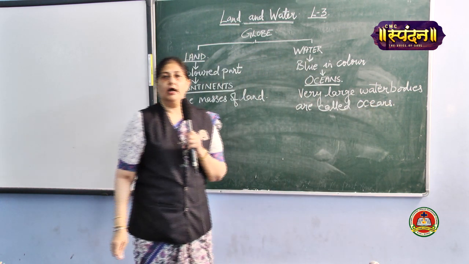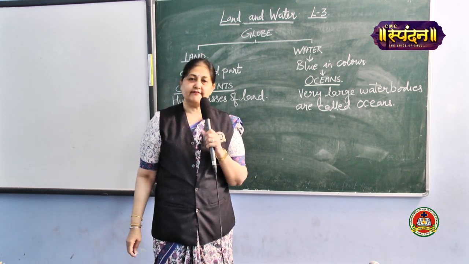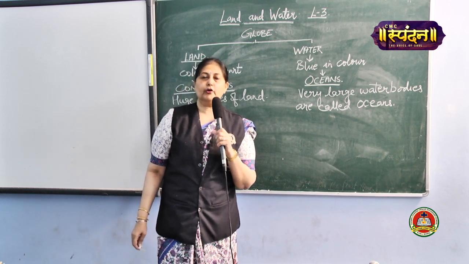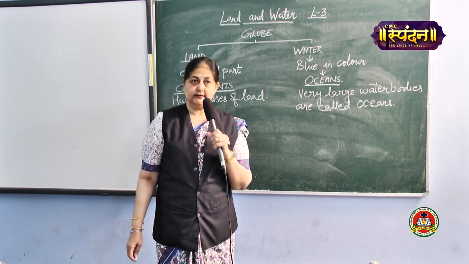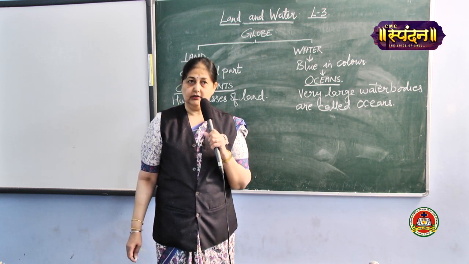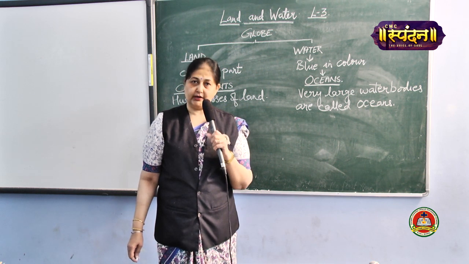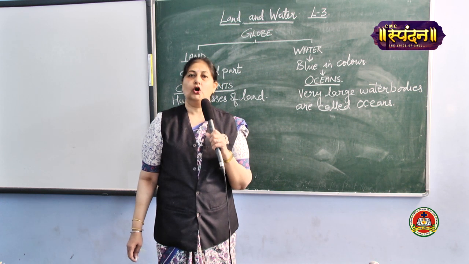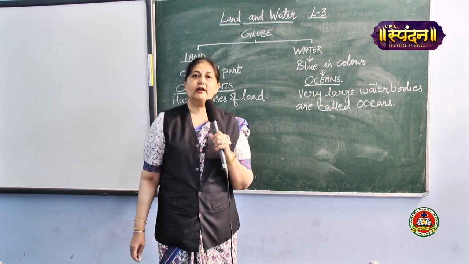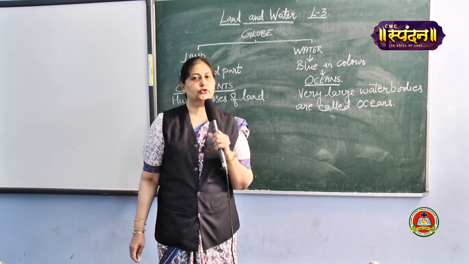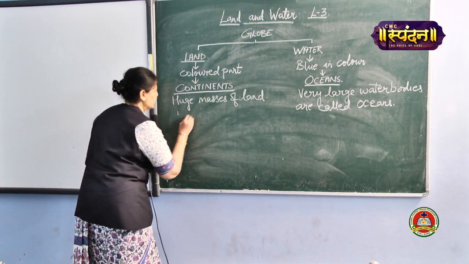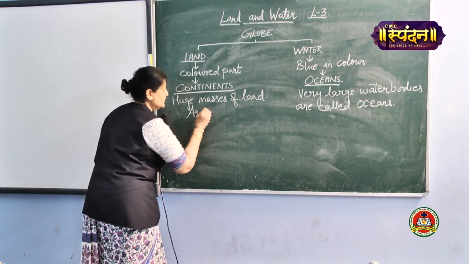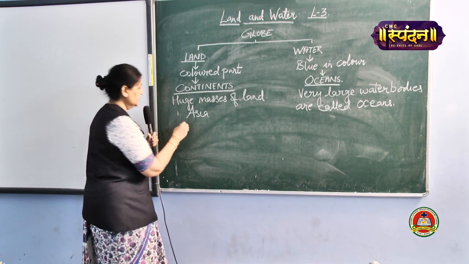Correct, children? Now children, there are 7 continents, beginning from the biggest. Asia is the biggest continent, followed by Africa, North America, South America, Antarctica, Europe and Australia. There are 7 continents from biggest to smallest. Now let me write it here. First is Asia. This is the largest continent. Okay, children?